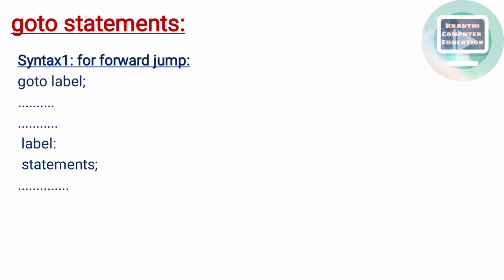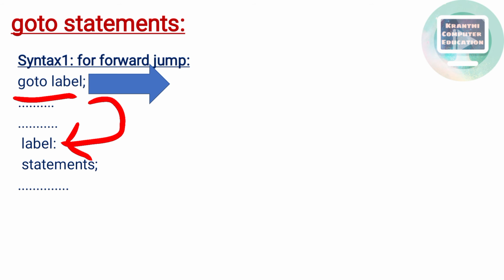Here is how the forward jump mechanism works. When the C compiler encounters the goto statement, the control automatically moves to the label. Whatever statements are written after the label, those statements will be executed.